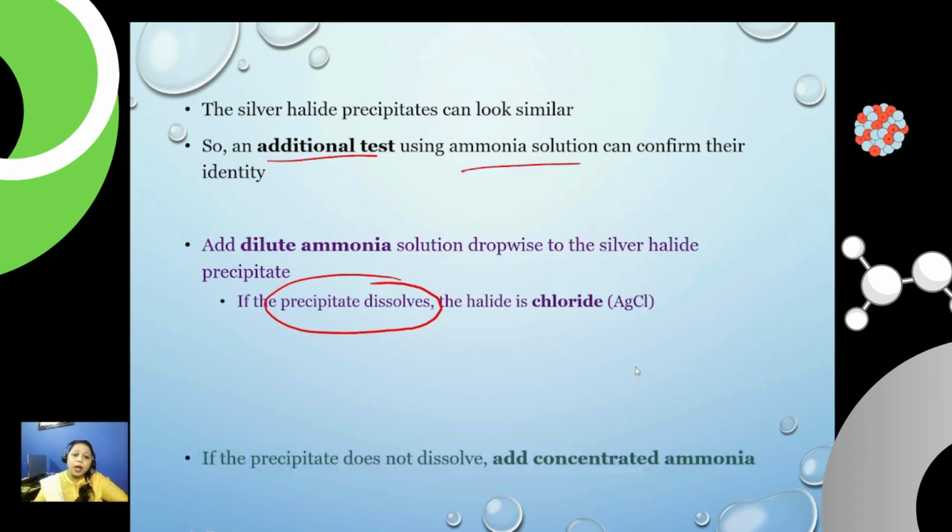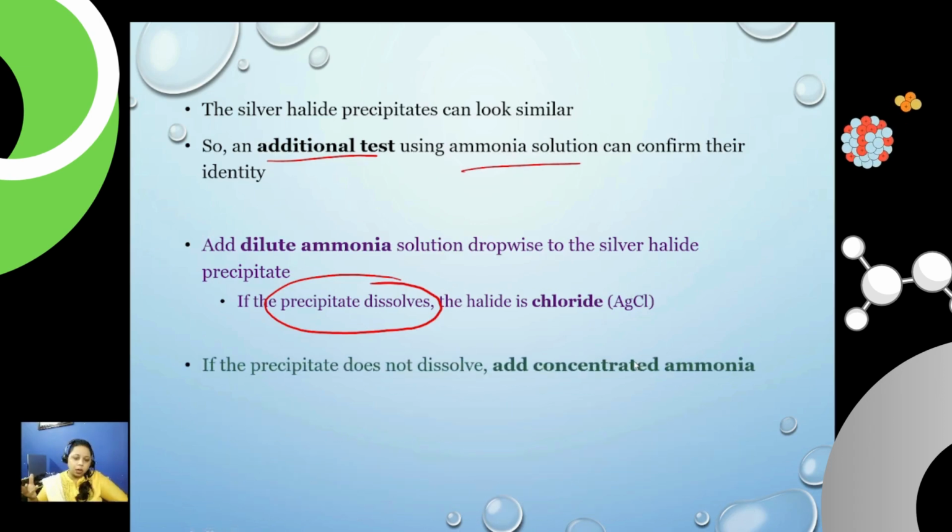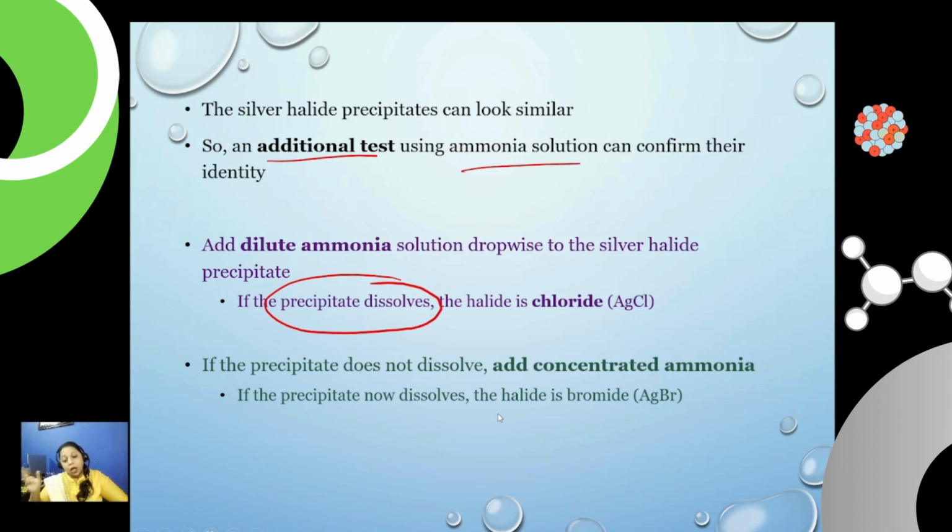then you have to add more, or a concentrated ammonia. So what will happen if now the precipitate dissolves? It means it's bromide. First of all, they are not dissolving in dilute ammonia. Then you add more, or add the concentrated ammonia.